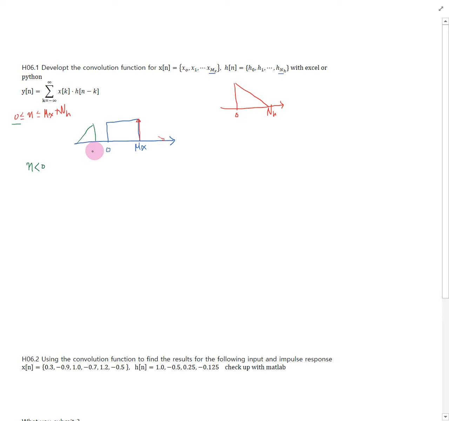This is the index n, and in that case this point will be n minus nh. So in this area, yn is always 0, so we don't need to calculate in these regions. Similarly, the outbound region larger than this also goes to 0, so we don't care about those two conditions. This is always 0. So we only concern the in-between regions.